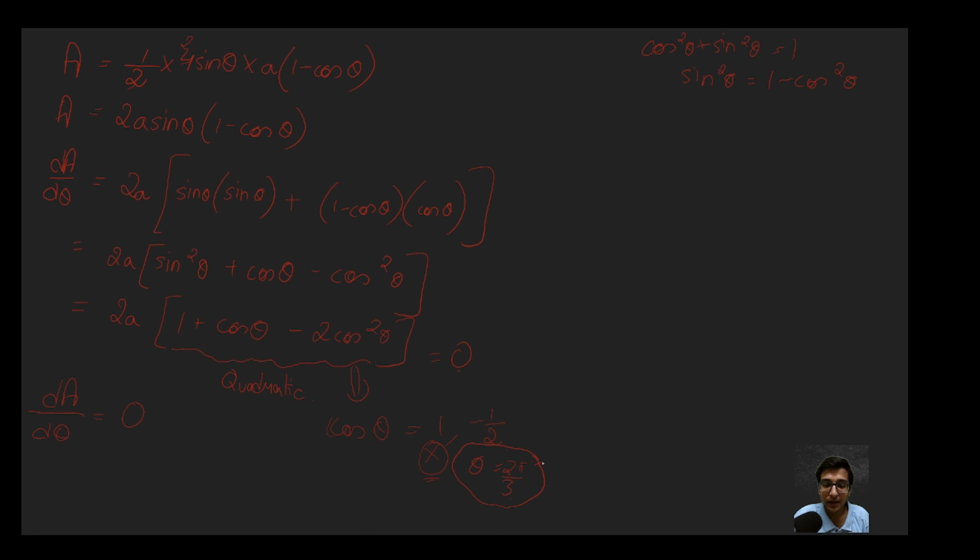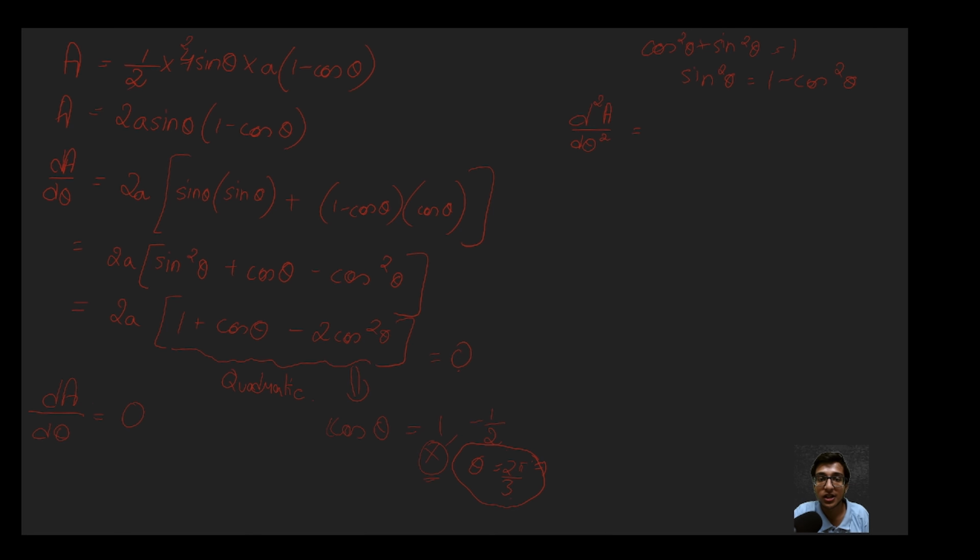Now if you want to make sure whether you are doing this correct or not, you can take out the second differentiation as well and see if it is coming out to be negative, because whenever we are finding a maximum value, the double differentiation comes out negative, and whenever we are finding a minimum value, the double differentiation comes out positive. So let us double differentiate this. What would we get?